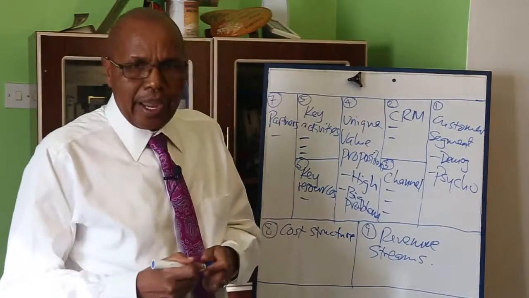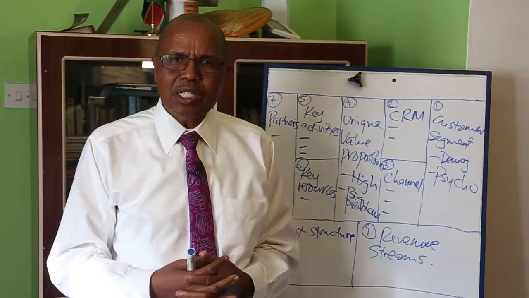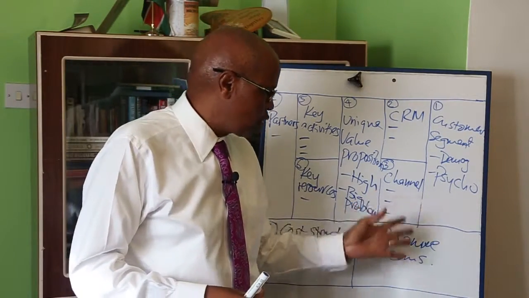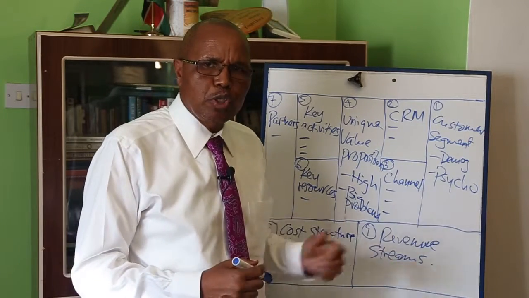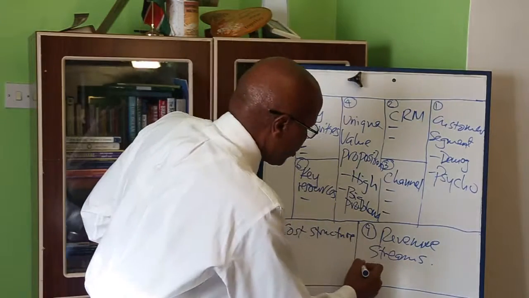All right, every business has costs associated with running that business, and every business obviously has sources of income or revenue streams. What gets you paid? All right, how do you get paid?